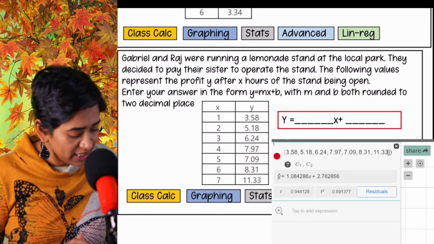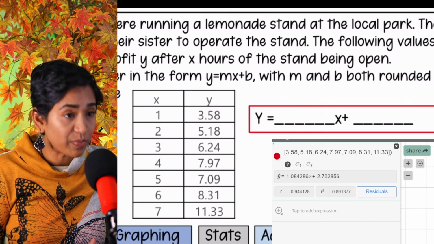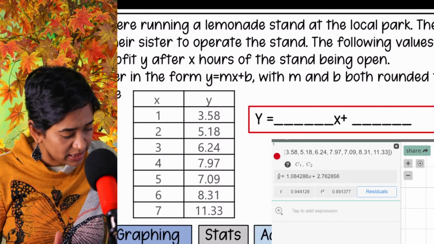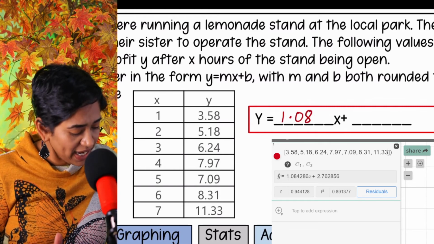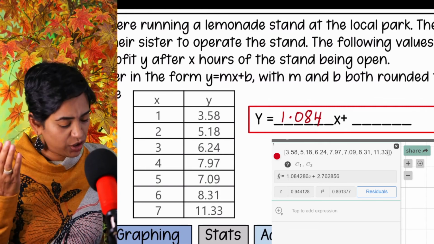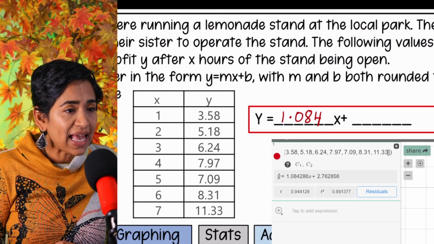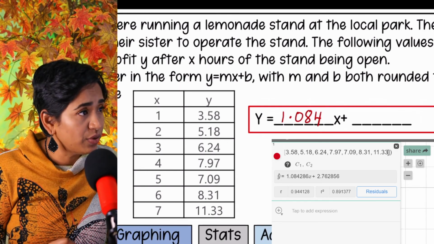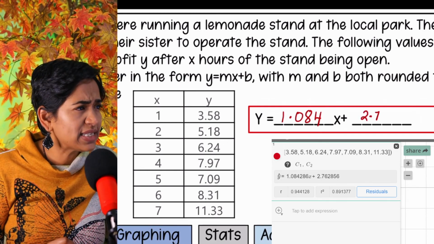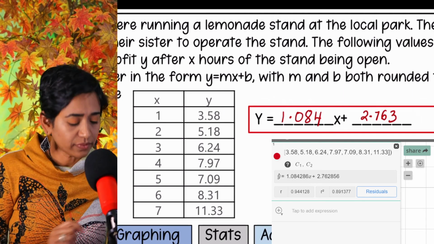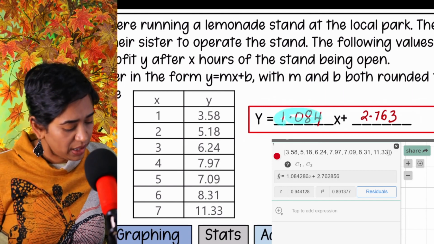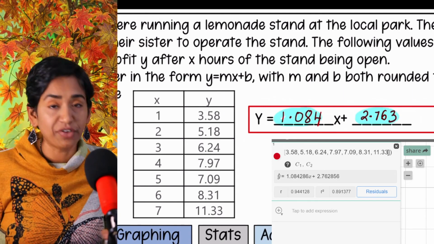My m is 1.084. I'm going to keep it to 3 decimal places. And my b is 2.763. Fair enough? So this is your slope and this is your y-intercept.